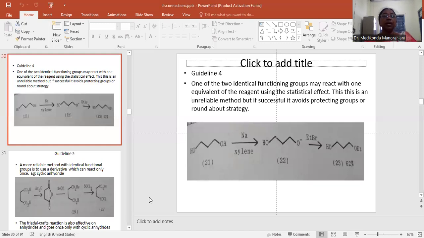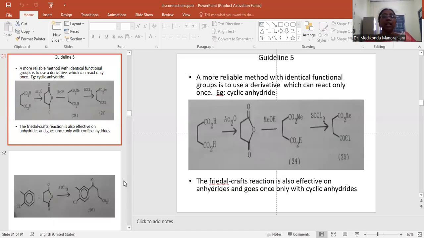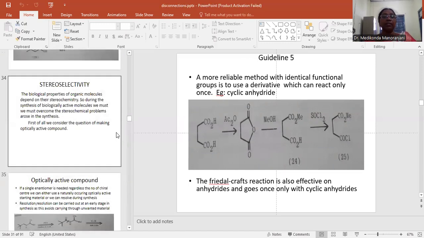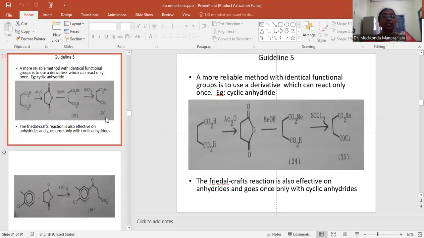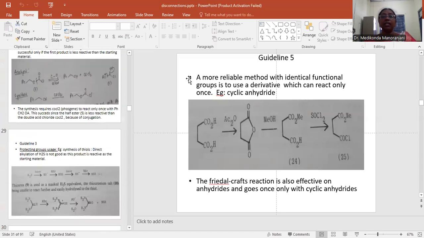This is an unreliable method, but if successful, it avoids protecting groups or a roundabout strategy. Guideline 5. A more reliable method with identical functional groups is to use a derivative which can react only once. The example is that the Friedel-Crafts reaction is also effective on anhydrides and goes only with cyclic anhydrides. So that's all for today and we will continue with the topic of stereoselectivity in the next class.